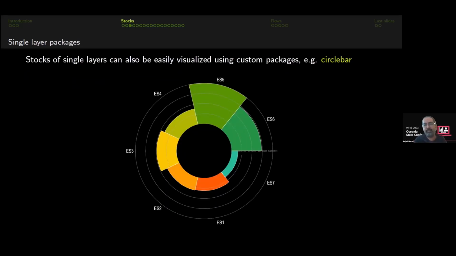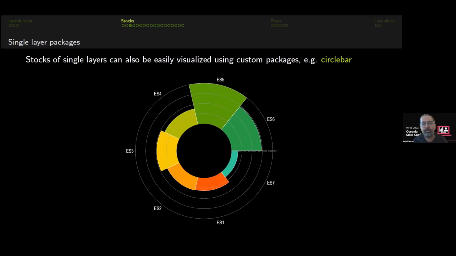For example, I have my own package, which makes circular bar graphs, where one can show this in a polar dimension. And again, one can also add more layers to this. In this sort of visualization, you immediately see which regions are standing out, which are not.